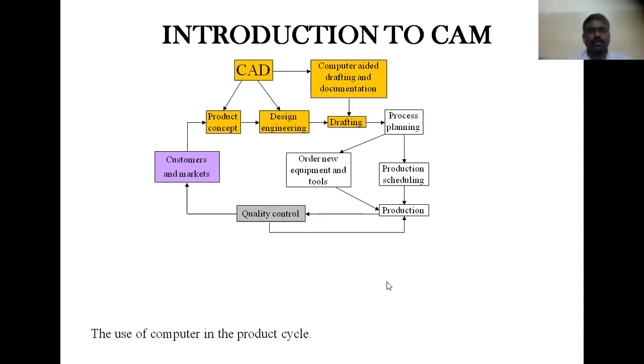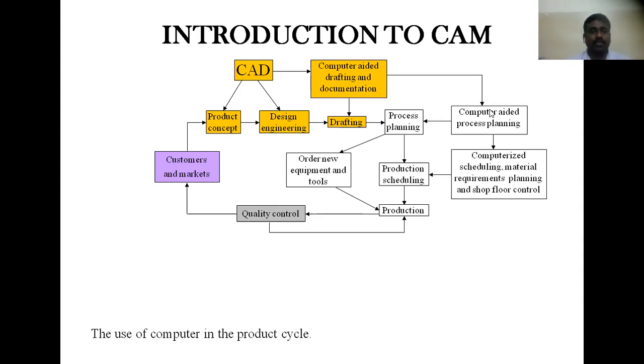Later, in the various manufacturing processes, like process planning, we take the help of computer aided process planning, where the process plans are prepared using computers. We give the detailed information required to prepare the product to the system, and the system generates a process plan.